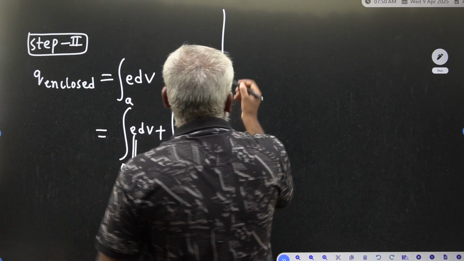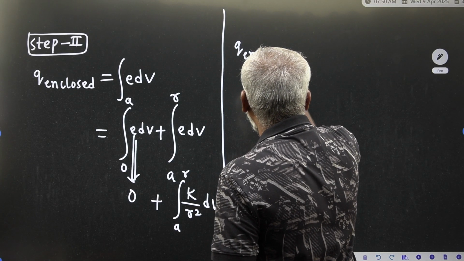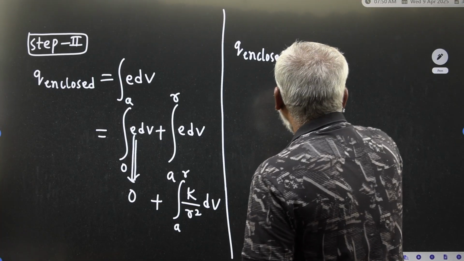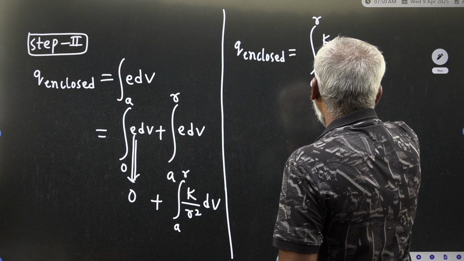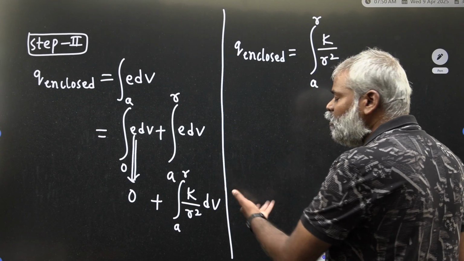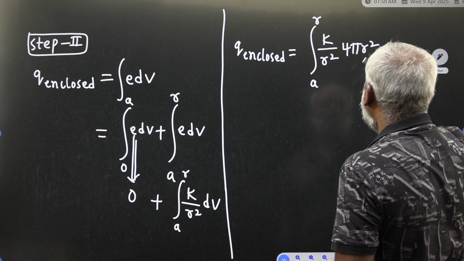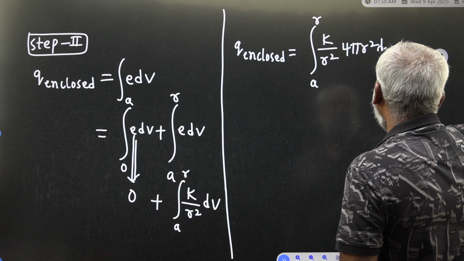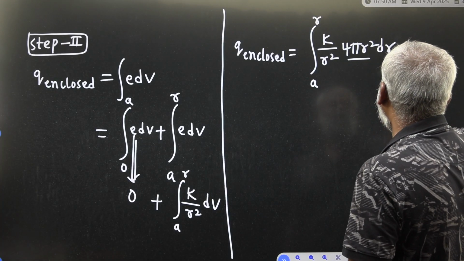So therefore charge enclosed by a Gaussian surface is equal to the integral from A to R of k by r square, but the volume element of a sphere is dV equal to 4 pi r square into dr. This is the volume element of the sphere.